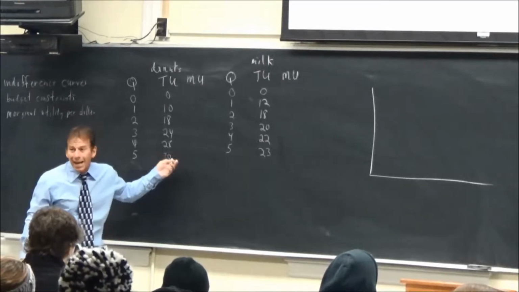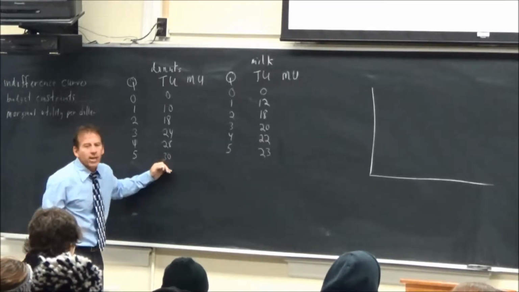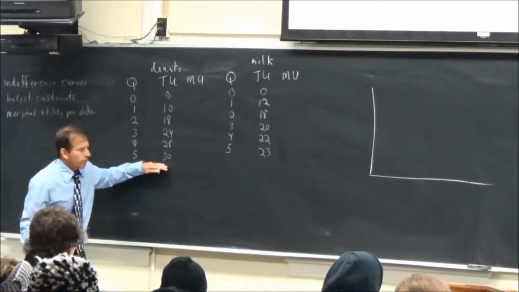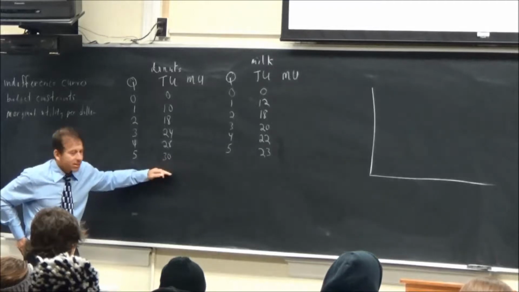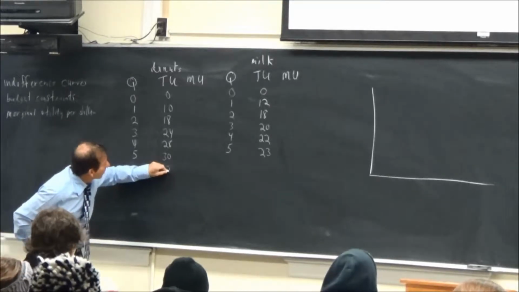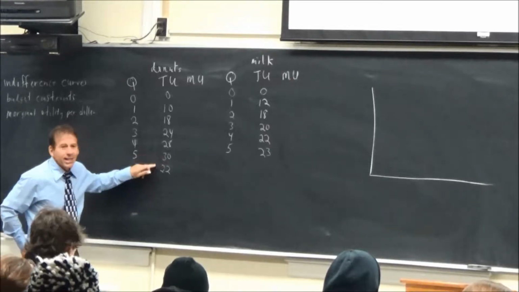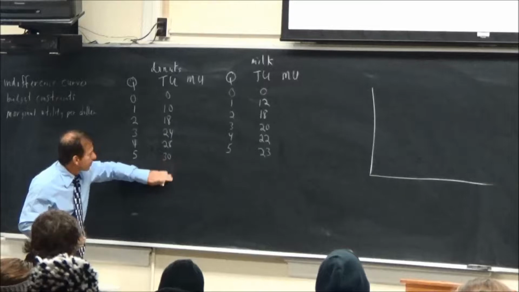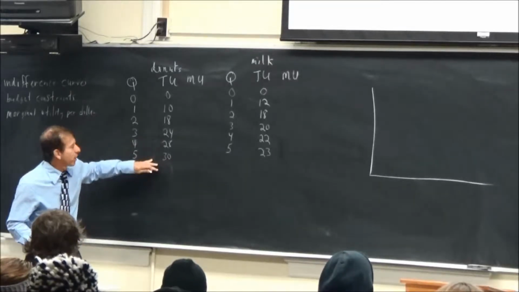But why would you buy it or consume it if it was bringing you negative utility? It would just be for the purposes of showing what utility does to put a negative up here, a minus 2 or something. I eat that 6th donut and I've got such a stomach ache, I feel awful. That type of thing. So we're not going to buy it, so we're not going to put it up there.